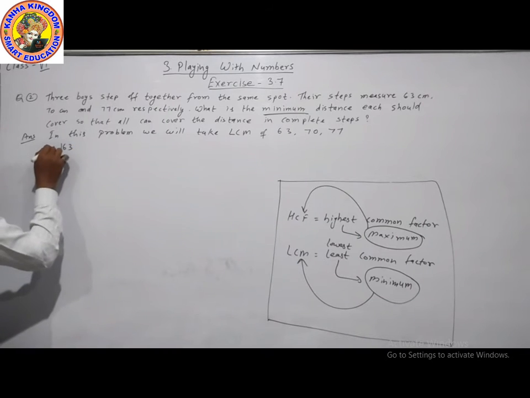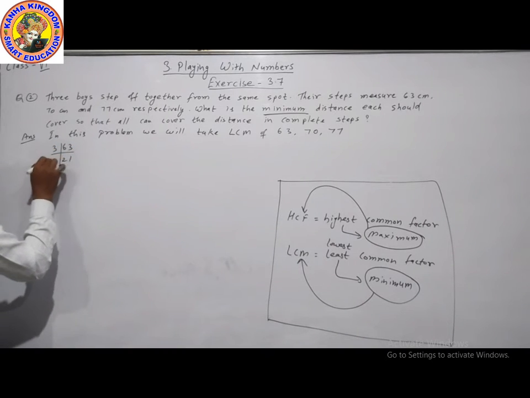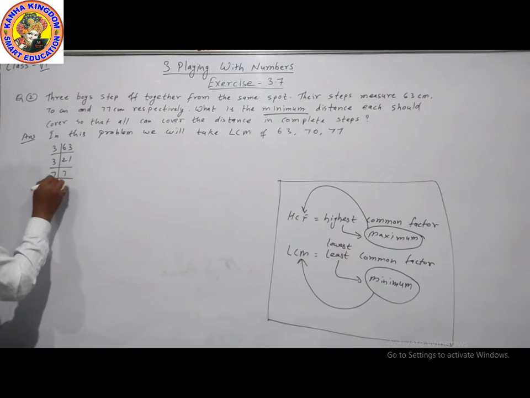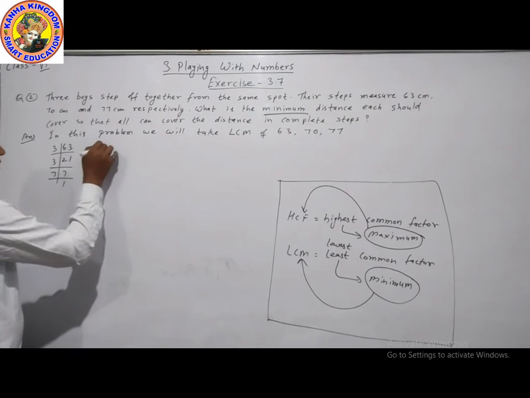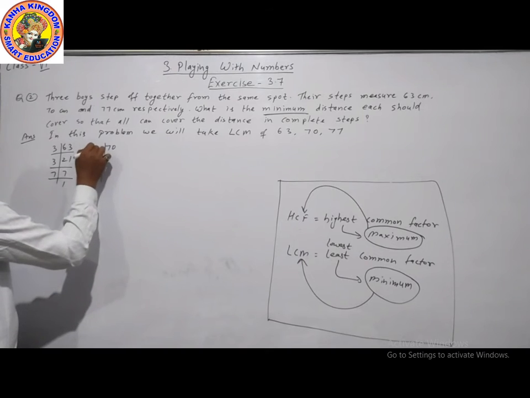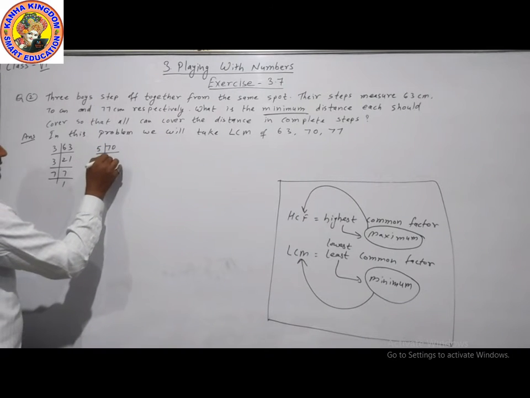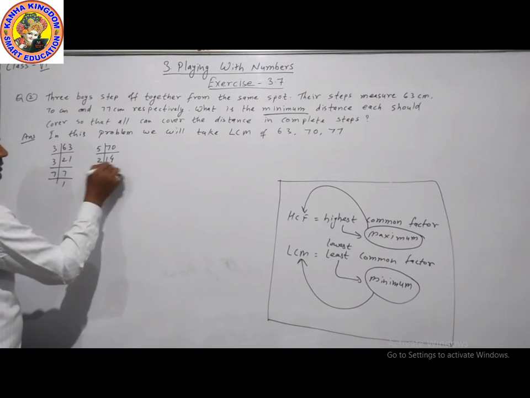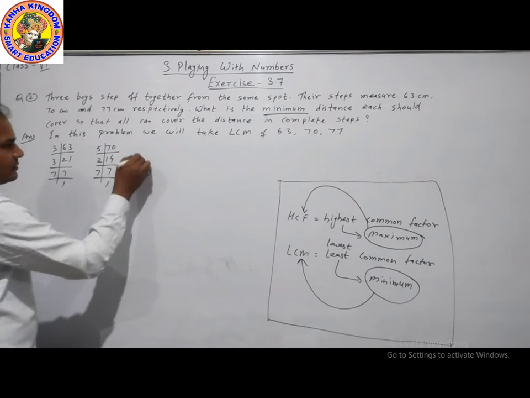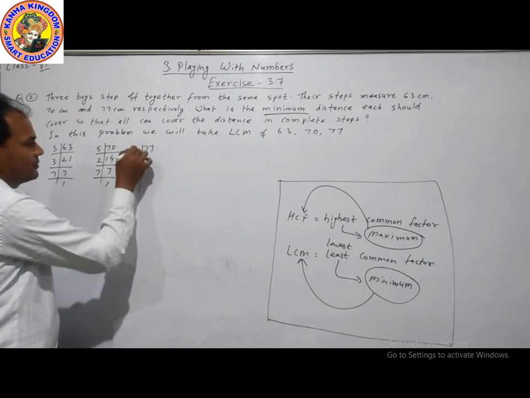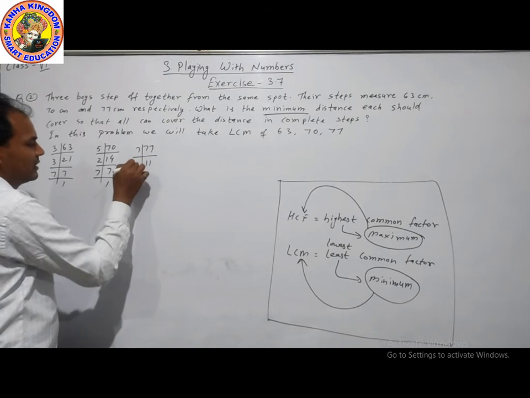Factors of 63: 3, 21, 3, 7, 7, 1. Find the factors of 70: 5, 14, 2, 7, 7, 1. Find the factors of 77: 7, 11, 11, 1.